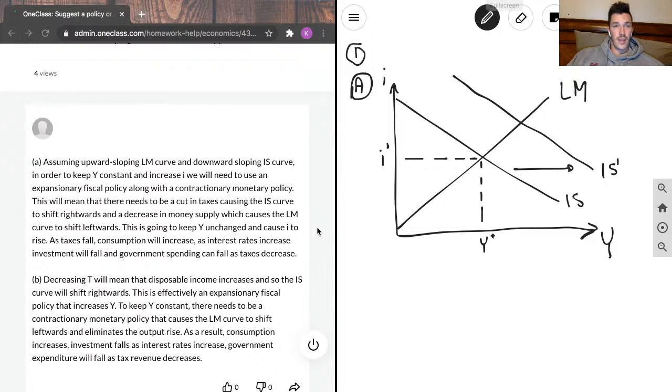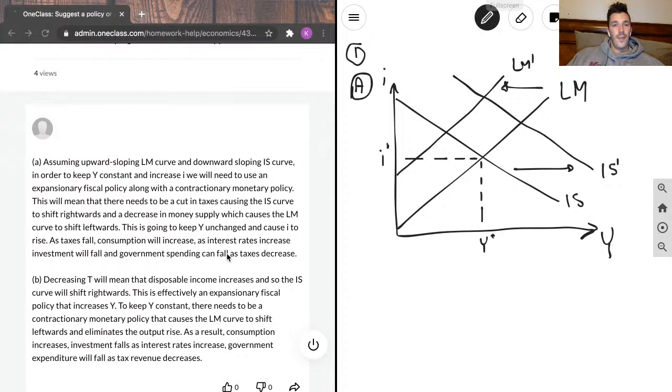Cuts in taxes cause the IS curve to shift rightwards, and a decrease in the money supply will cause the LM curve to shift leftwards. So we've got our money supply decreasing, causing the LM curve to shift to the left.